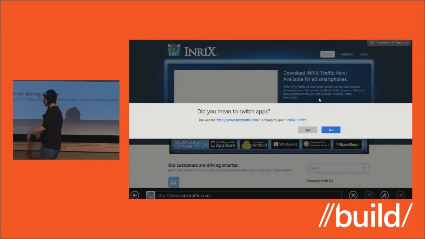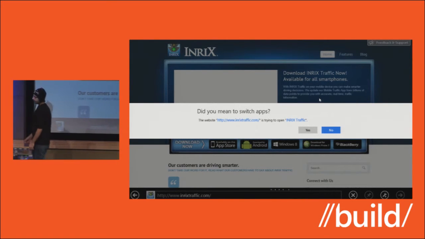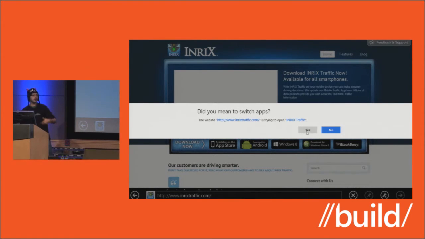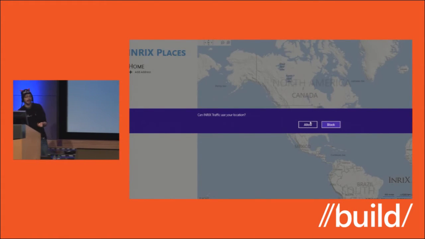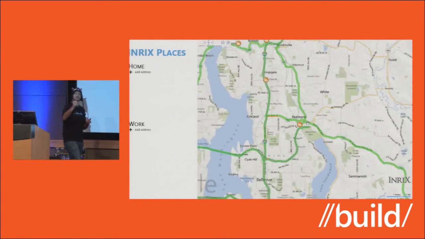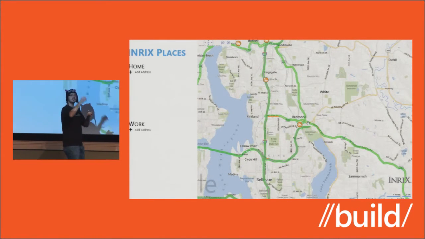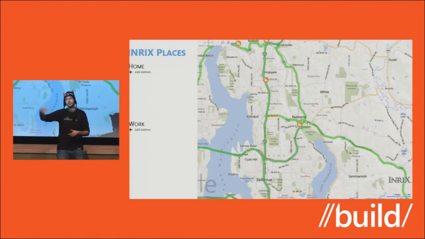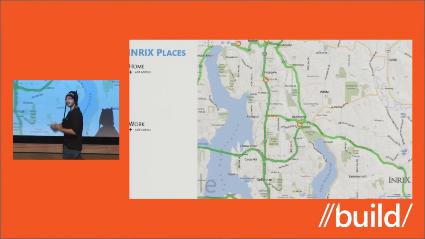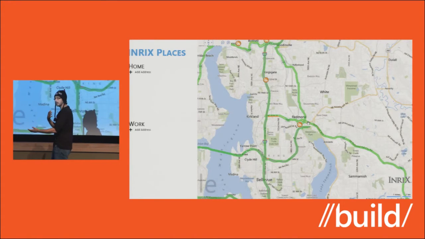When you do that, as Index Traffic has done, you can prompt the user to switch to your app. The really cool thing about that is, if you have a website like Index Traffic, where the website is really a marketing site for people to go get the app, it's a really powerful way to remind them that they have the app installed and they should just switch to it.